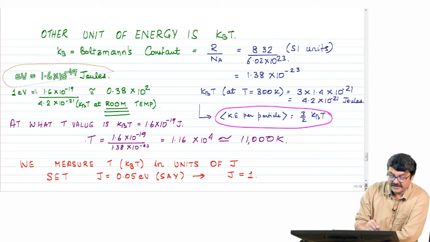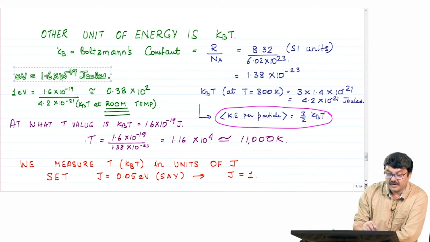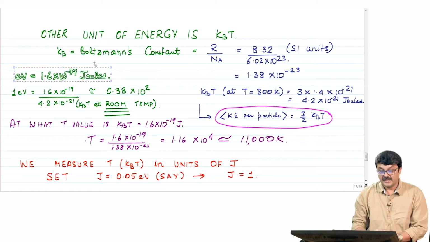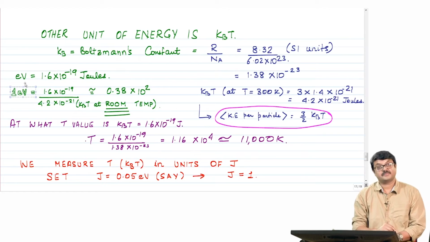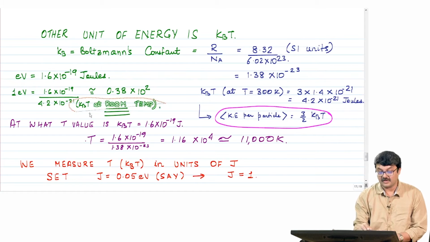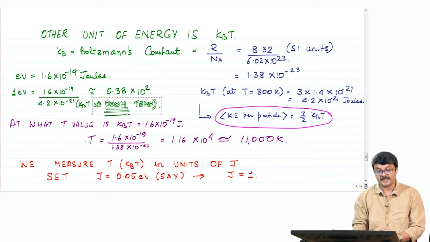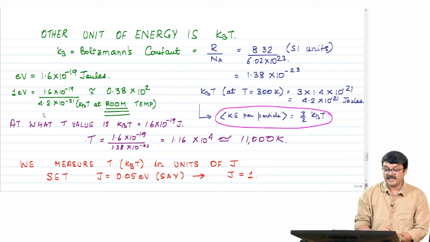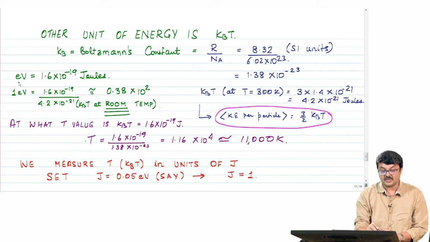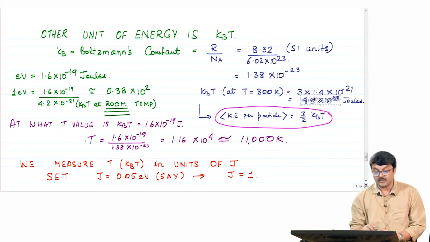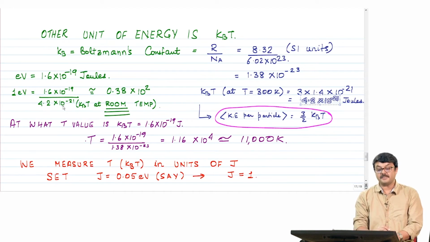Now, just to remind you that electron volt is 1.6 into 10 to the power minus 19 joules, right. Now, if you want to express 1 electron volt in terms of kBT, kBT at room temperature, then 1 electron volt is 1.6 into 10 to the power minus 19 divided by 4.2 into 10 to the power minus 21.